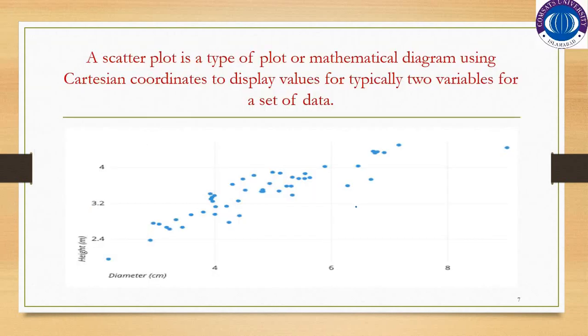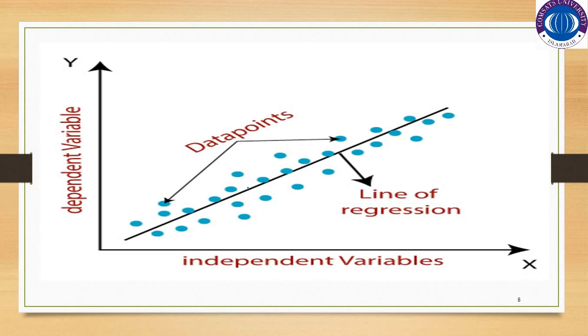And when we marked all the points on the axis, something like this would be the behavior of the data points. Let's suppose if we have height on y-axis and diameter on x-axis. So these are all the data points and this is the scatter plot. What we will do, we will fit a trend line or a line of regression to find out the behavior of the data points.